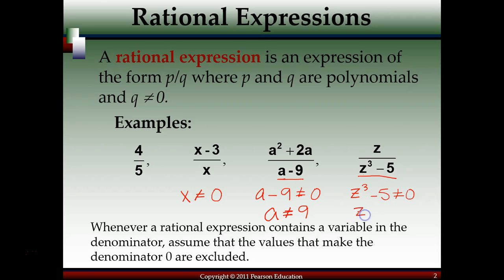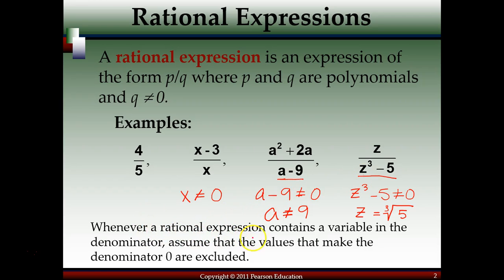So z cubed equals 5, and we are going to take the cube root of both sides of the equation. So z is equal to the cube root of 5. Okay, and so z cannot equal that value, or else the denominator is 0.